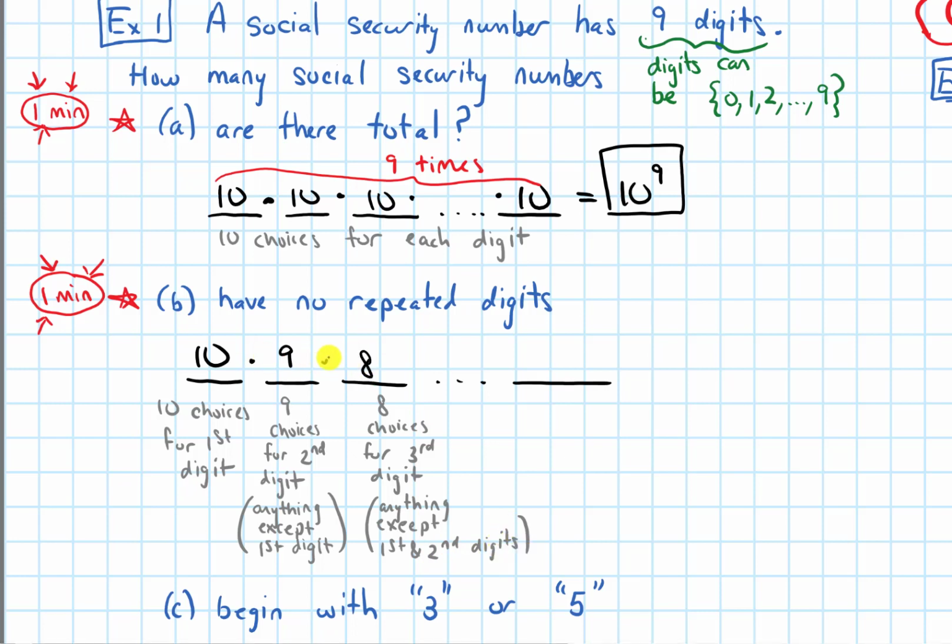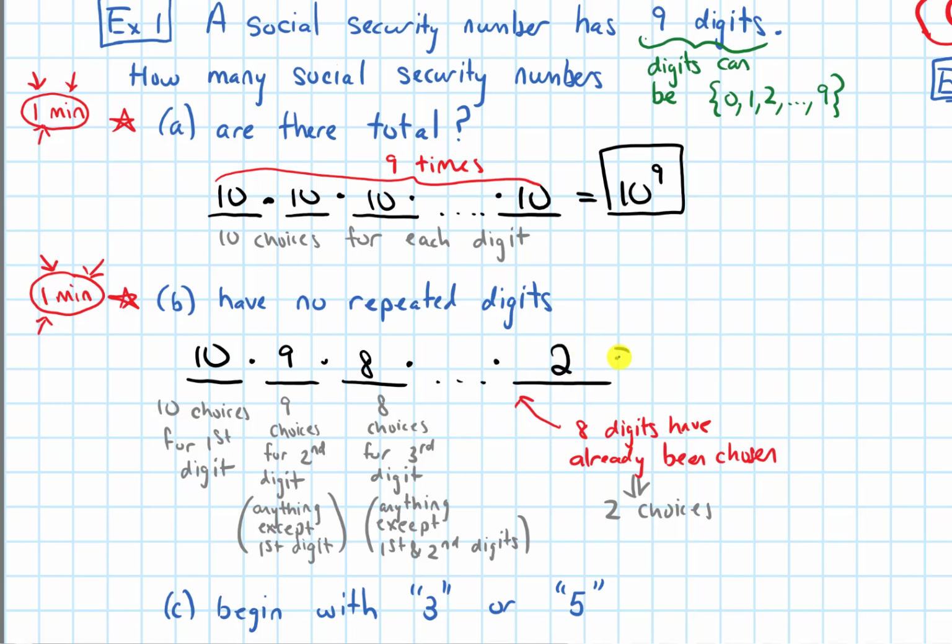And if we keep going like this, when we get down to the last digit, the 9th digit, there are 9 digits in a social security number, which means up until this point, 8 digits have already been chosen. So there are 2 choices for this spot. So let's write a 2 there.